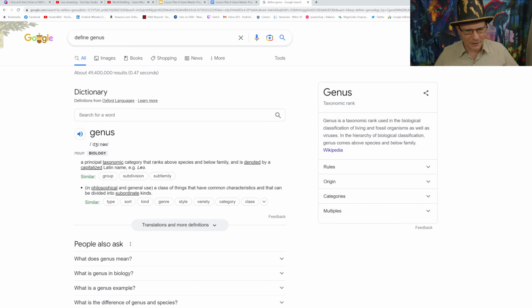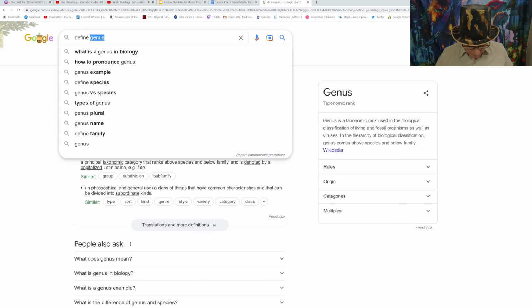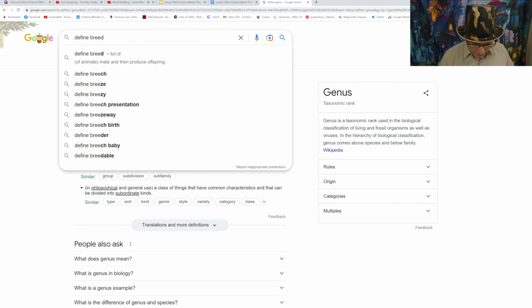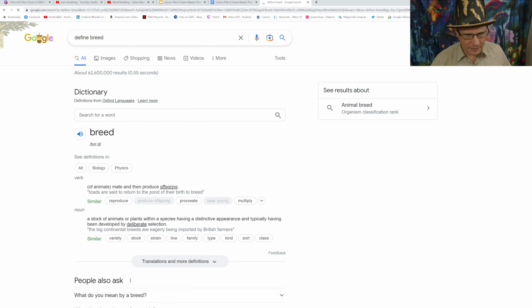So genus, a technical rank used in biology to classify living and fossil animals. So that's probably not what we want to use. It's differentiating between fossilized organisms and living organisms. So probably not appropriate. What about breed? I feel like breed is a little bit like race, but yeah. It's an organism classification rank.